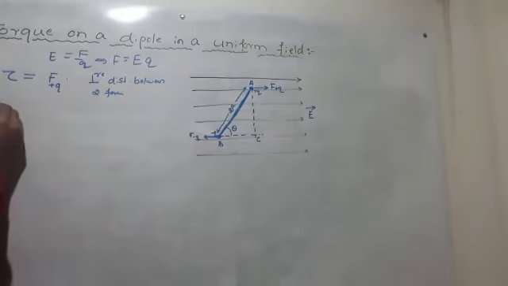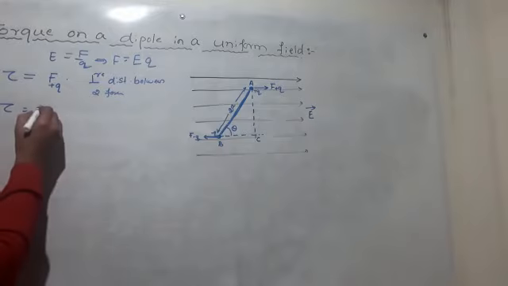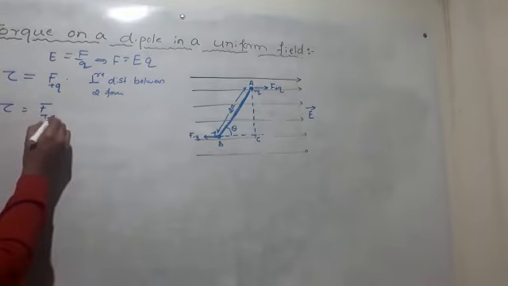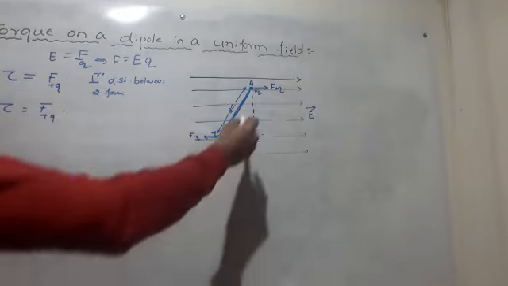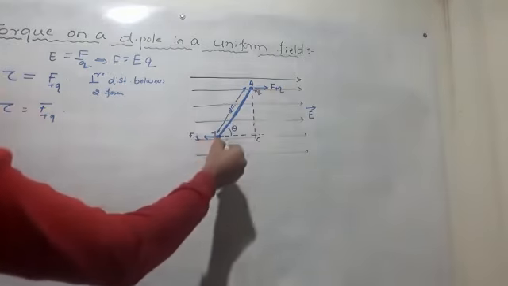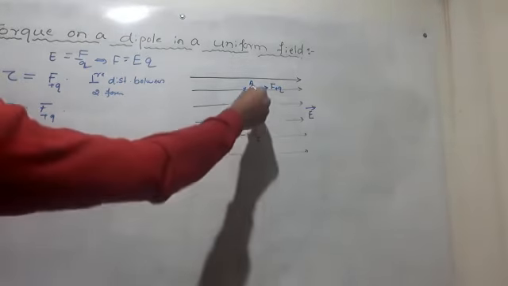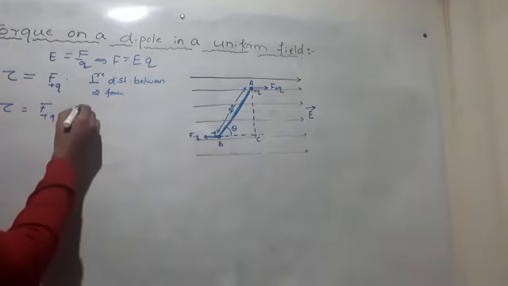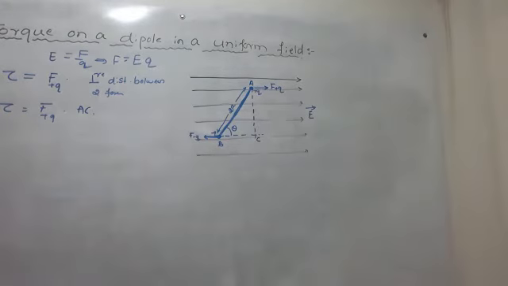Now with respect to this diagram, the magnitude of the torque tau is equal to F plus Q into the perpendicular distance. This is the first force, this is the second force. So the perpendicular distance will be AC.